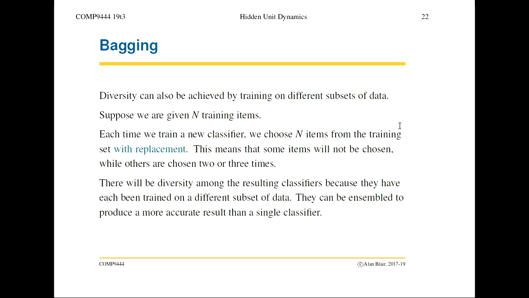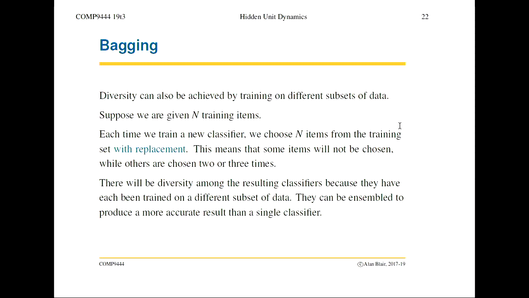Let's say you've got 100 training items. You imagine that those 100 training items are in a bag, and you randomly pull out a training item one at a time with replacement. So I pick out one training item and write it down, but then I put it back in the bag, and then I pick out a random item, and I do this 100 times. So some of them won't get picked, some of them will get picked twice.